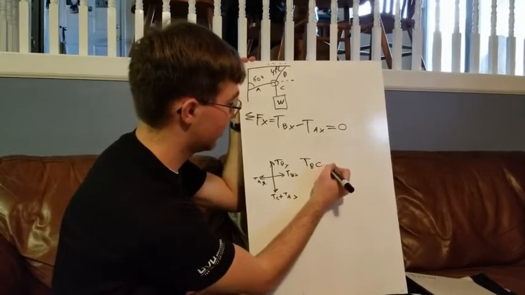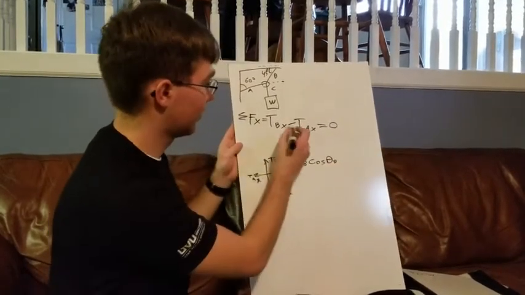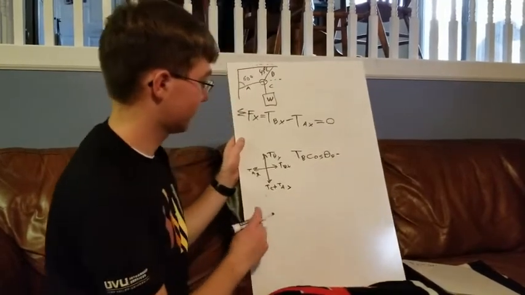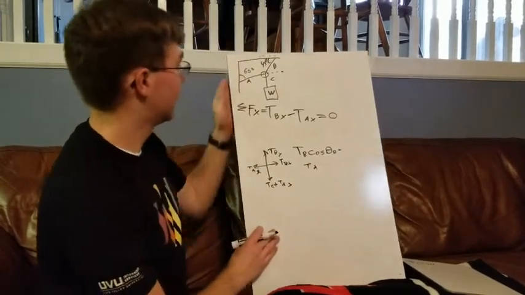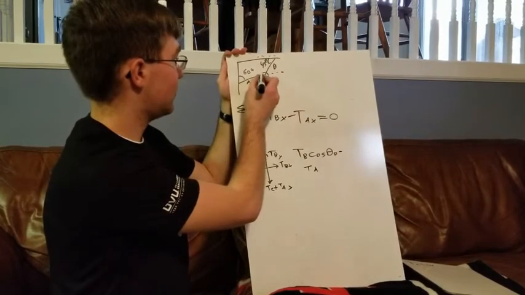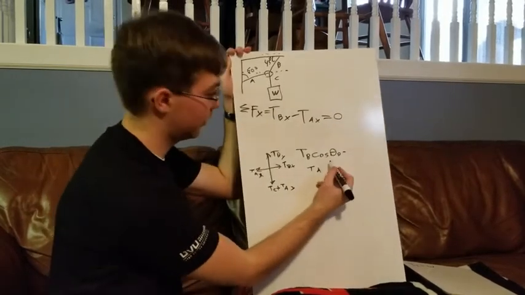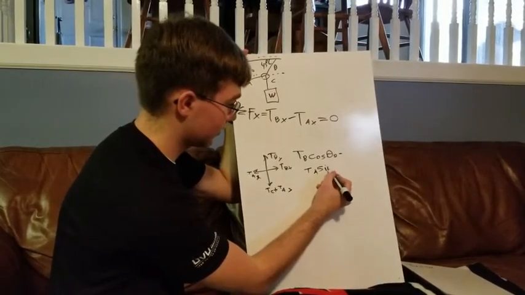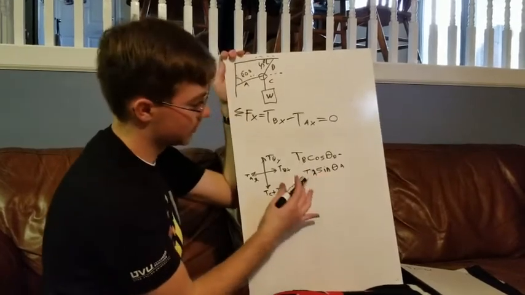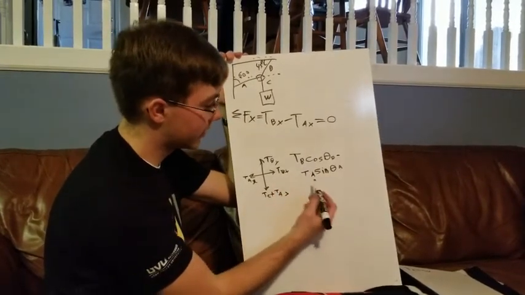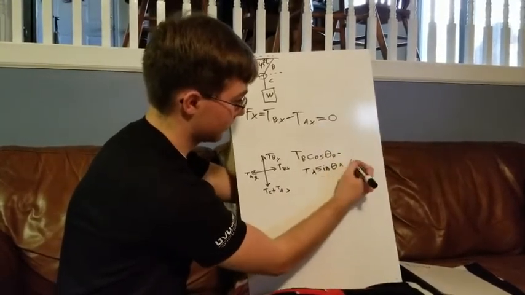So tension B cosine of my theta B minus my tension A, and so I need to find this here, which is the opposite side of my triangle, so I'm going to use sine of theta A. So tension B cosine theta B minus tension A sine theta A equals 0.